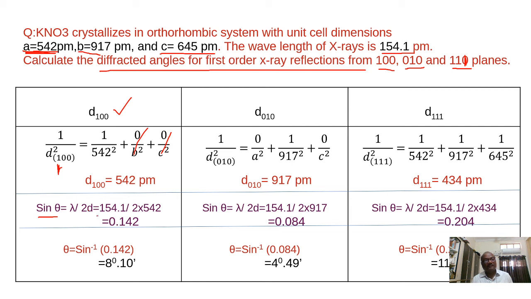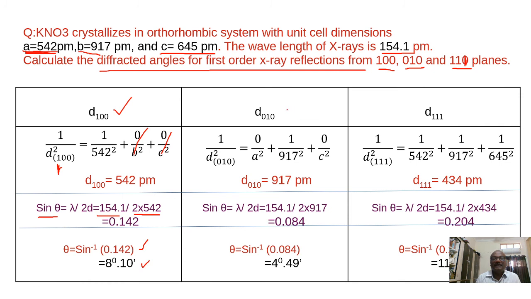Lambda value is 154.1 divided by 2 into 542, the interplanar distance, which is nothing but A. We got 0.142. So theta will be equal to sin inverse 0.142. In the sin inverse table, we can see this value. It will be 8 degrees, 10 minutes. Okay, like this we can see.